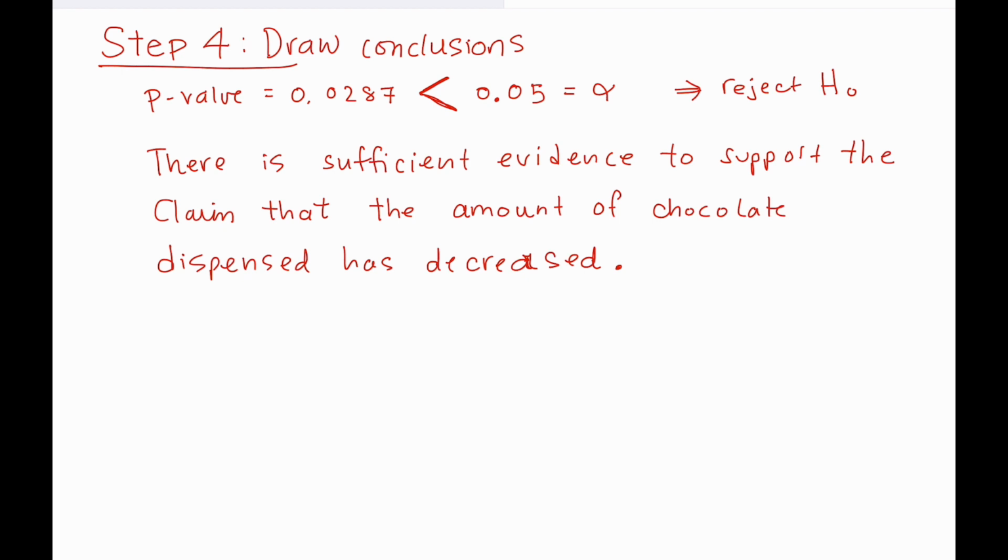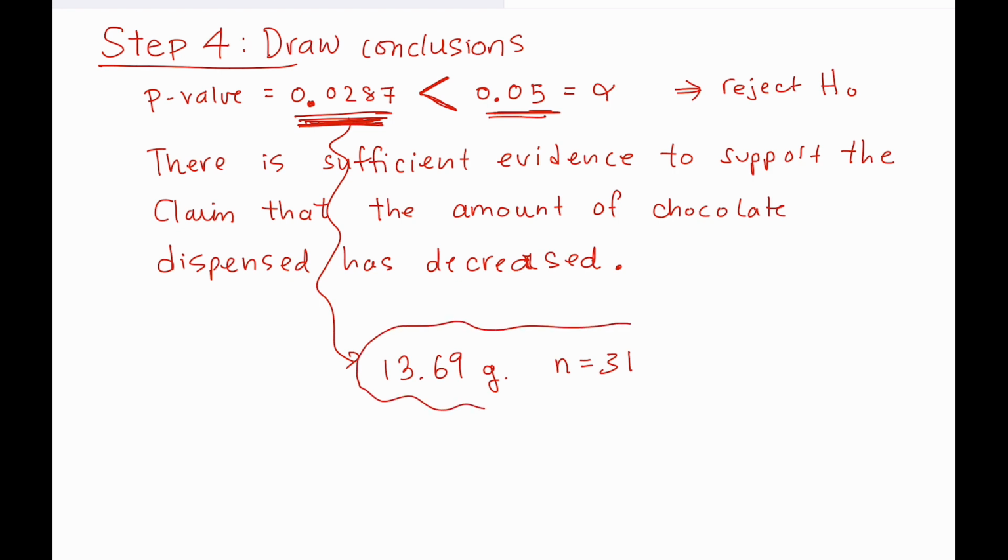All this is saying is that there's a really low probability, about a 2.8% chance, which is below our 5% threshold, that we could have gotten this sample with a mean of 13.69 grams for 31 different times that the chocolate was dispensed, if the population mean was really 14 grams. The chance is really low. So we reject H naught. We don't think that this is true.